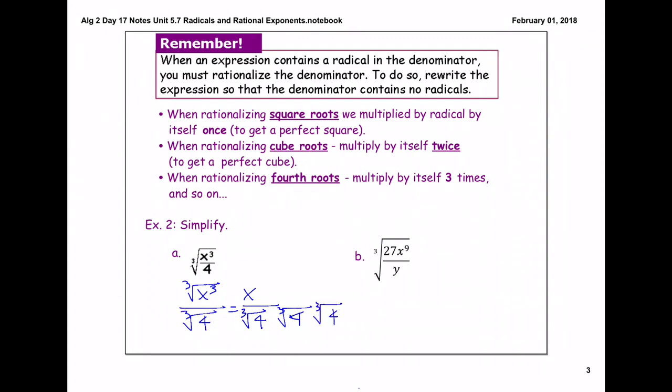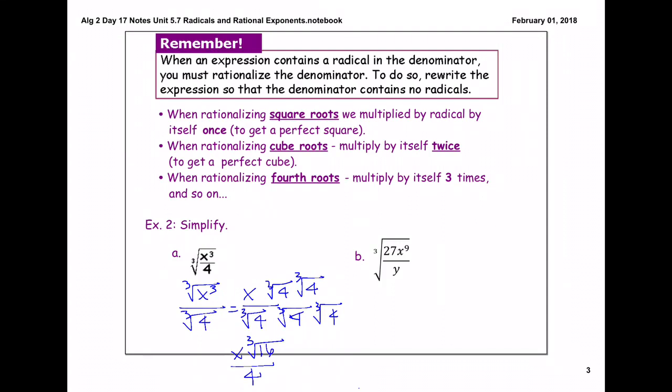Whatever you do to the bottom, you have to do to the top. So the cube root of 4 times the cube root of 4 times the cube root of 4 is just 4. And then x times the cube root of 16.